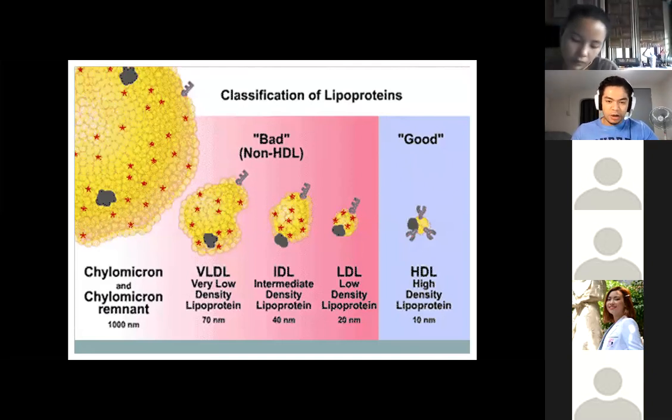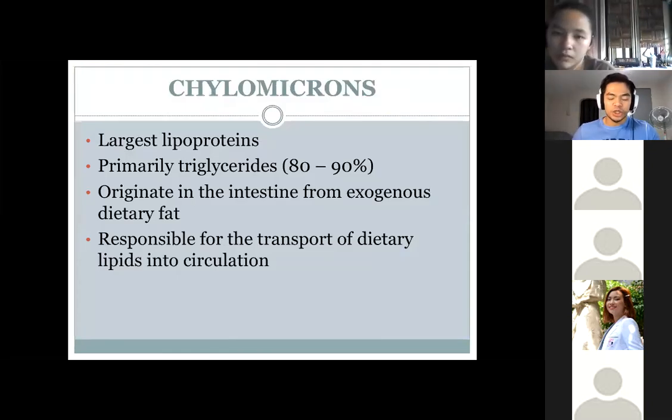Kaya doon na tayo sa una, we have chylomicrons. Take note that chylomicrons are the largest lipoproteins. Now, when we focus on the lipid composition of chylomicrons, amongst the 5 groups, ang chylomicrons ay largest and they contain mainly triglycerides. Okay?